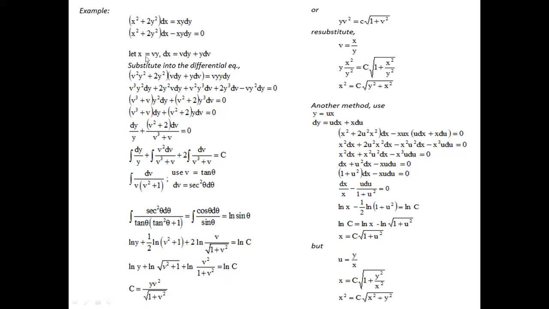But look at the substitution that was used. It really depends on the user on what particular substitution you will be using. If the differential of y is simpler in coefficient than the differential of x, the suggested substitution should have been y equal to vx. But in this case, it's the other way around.